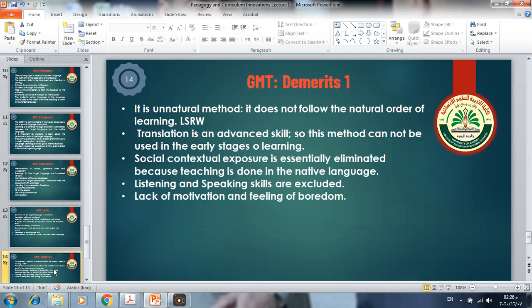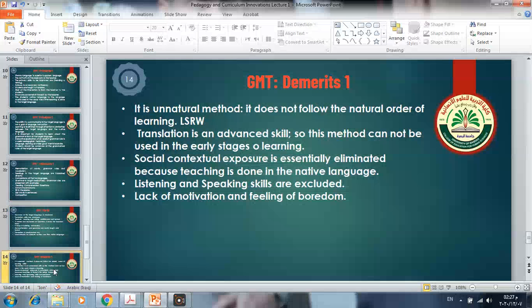Now let's come to the demerits of the grammar translation method, the bad things about the grammar translation method. First, it is an unnatural method. This grammar translation method is an unnatural method because it does not follow the natural order of learning.